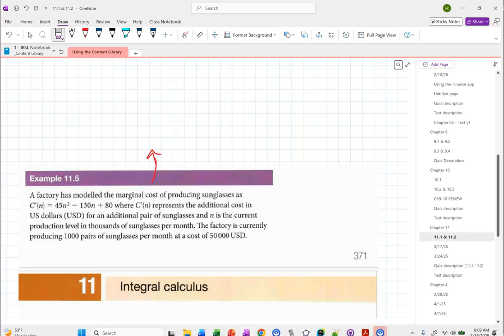Because then a cost is the accumulation of how much it costs. The total cost is going to be an accumulation of how much it costs to produce each item, and that's exactly what the marginal cost is. So what we're going to be doing is integrating our marginal cost. Again, we just add 1 to the exponent and divide by the new exponent.